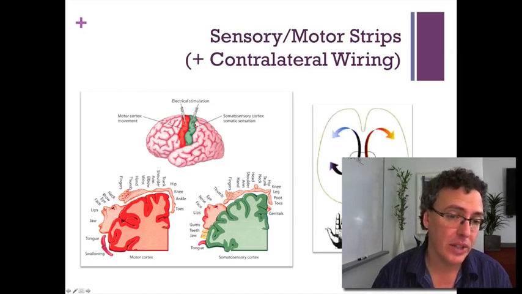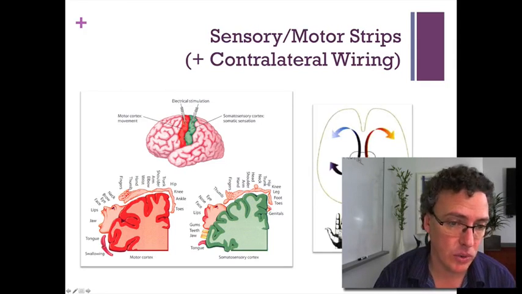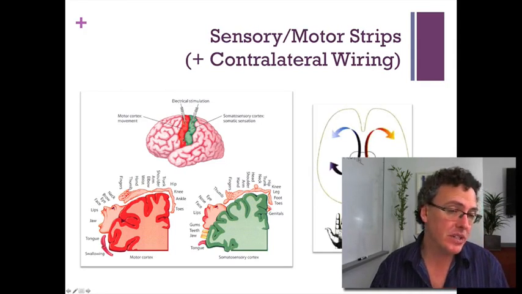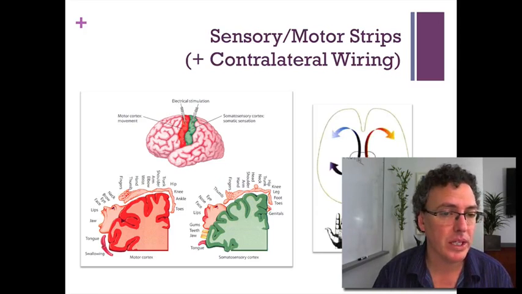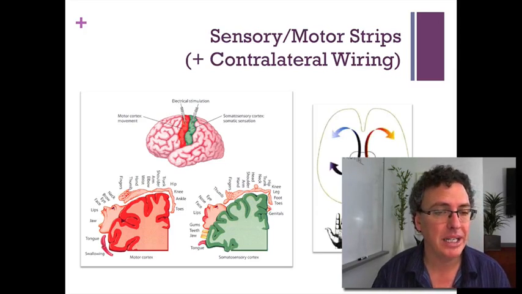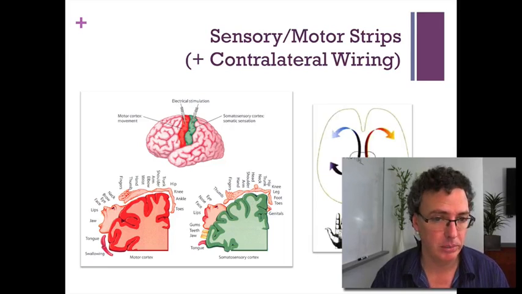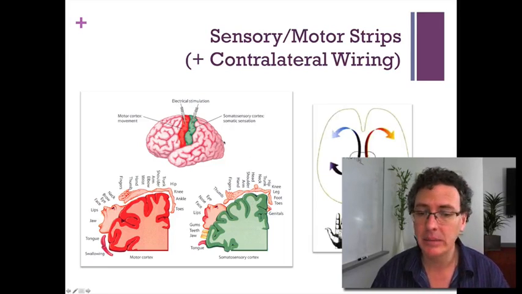That's all reflected here in this cortical strip. This is the primary cortex when it comes to the frontal lobe, but again, it's more about output, not about input.